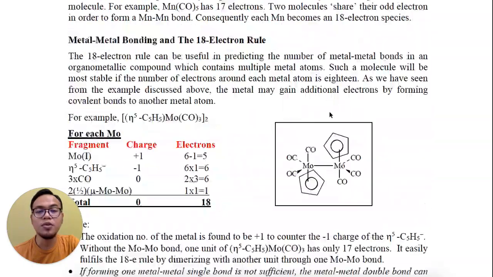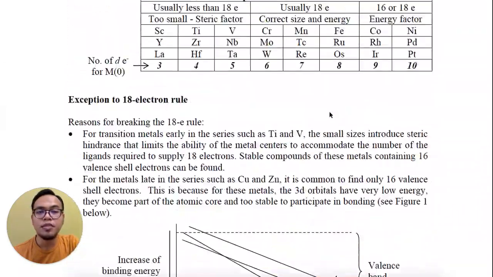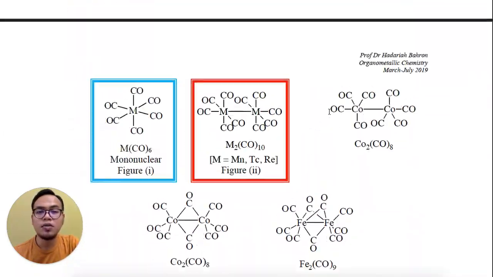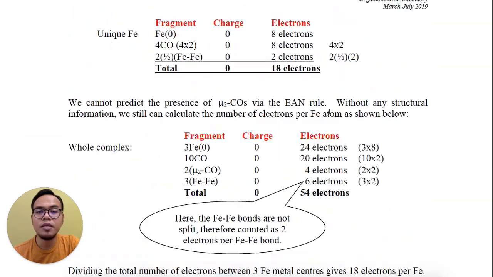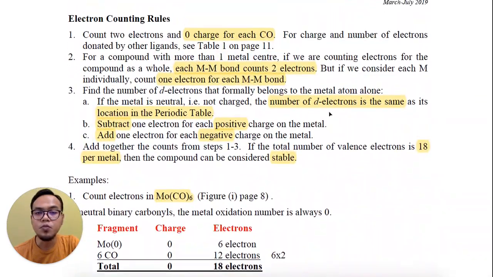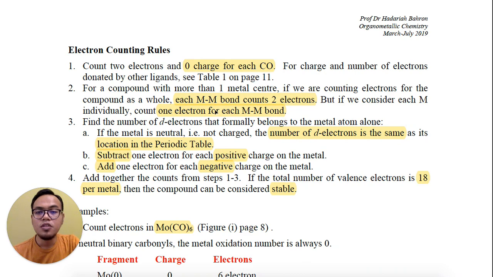Now going back to your rules just now, how to count effective atomic number. Number 2, for polynuclear complexes, meaning you have more than one metal in the complex, we are counting electrons for the compound as a whole.